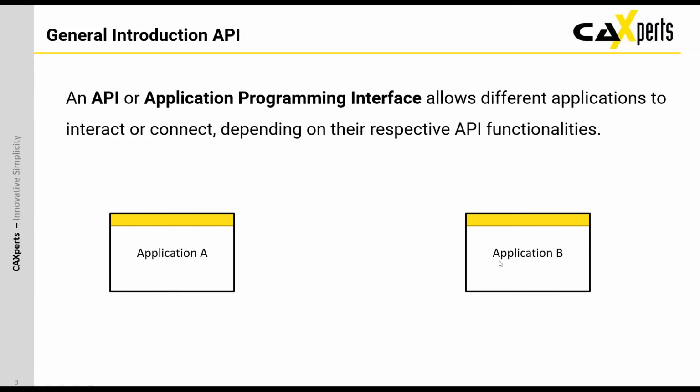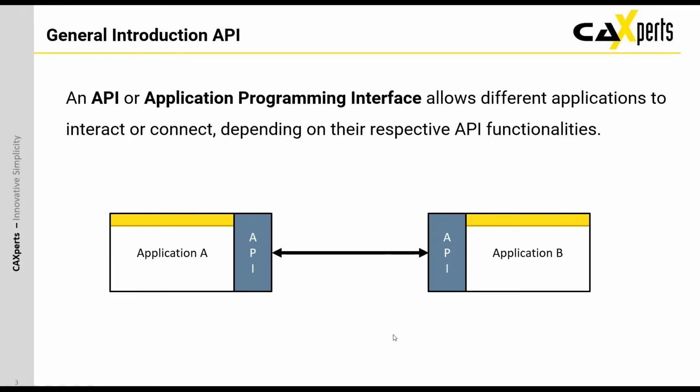So instead, there's basically an interface in the middle that allows external commands to be executed within the applications. And these can be then connected to create an integration so that these two applications interact seamlessly with each other.